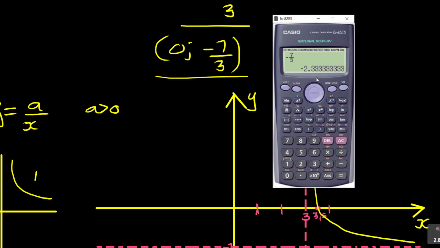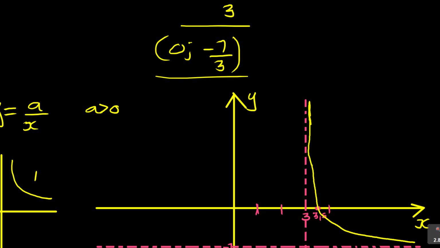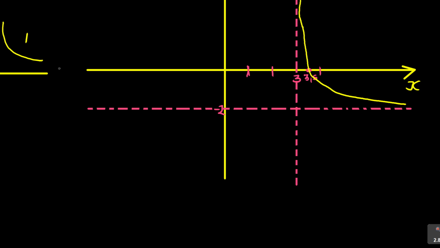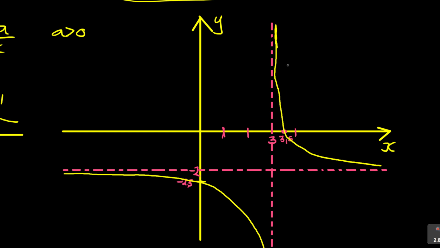I say negative 2,33. So it's negative 2,33. So it's somewhere here. Maybe say we can have negative 2,3. So again, it's just a graph that you need to be sensitive in drawing. Kind of like this is much better for me. You know what I mean? So this is the graph. It's in first and third quadrant, and then you can label it, say this graph is the graph of f.